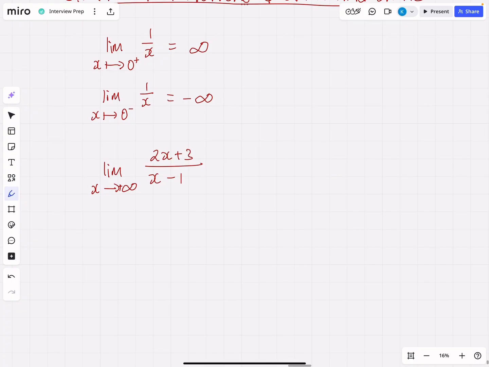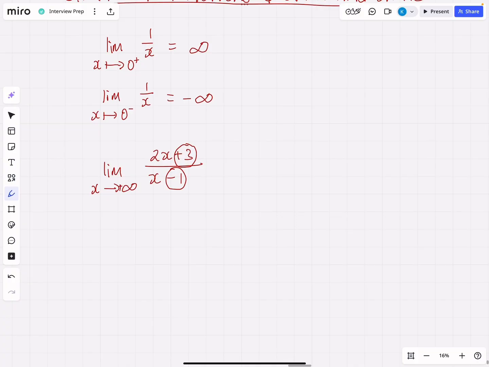Well, when we're evaluating rational functions like this with polynomials as our numerator and denominator, we need to think about higher order and lower order terms. So as x tends to positive infinity, the contribution of this minus 1 and this plus 3 in relation to 2x and x is very, very small.